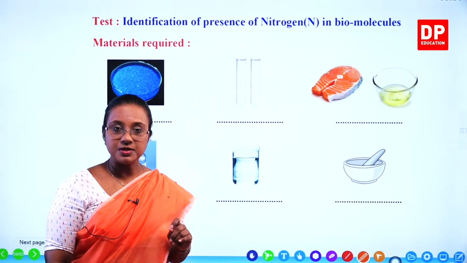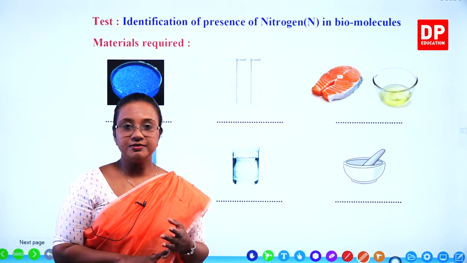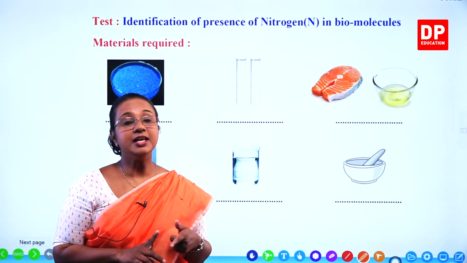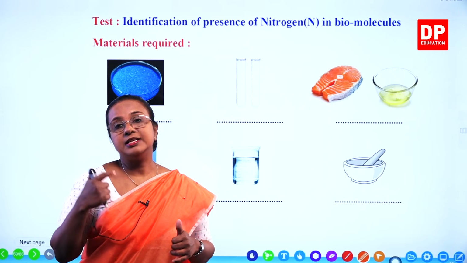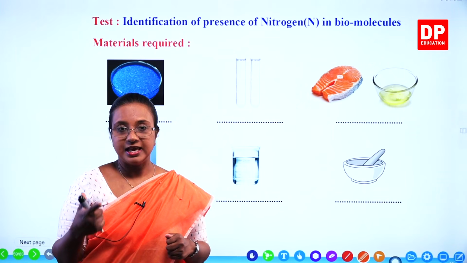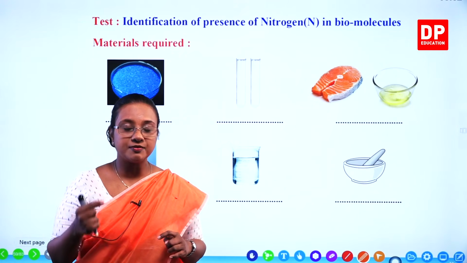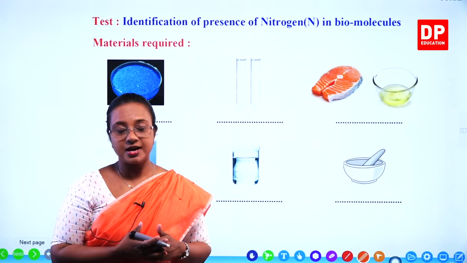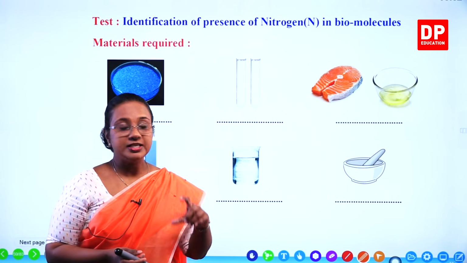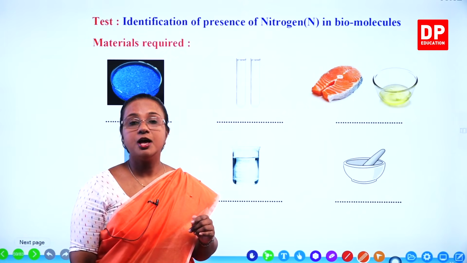Because you can remember students, the 4 types of biomolecules: carbohydrates, proteins, lipids and nucleic acids. And out of those, proteins and nucleic acids contain nitrogen. And usually the proteins, because of the amino acid structure, have a high amount of nitrogen in them. So it is easy to obtain a food that is rich in protein.